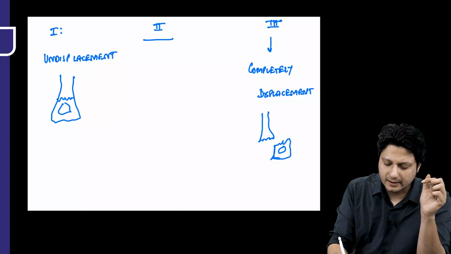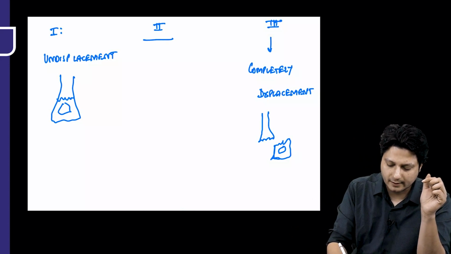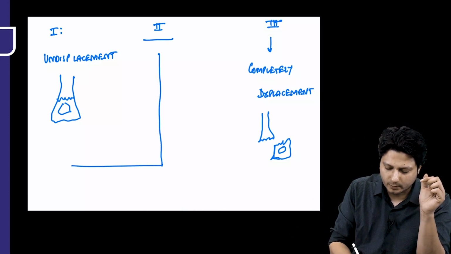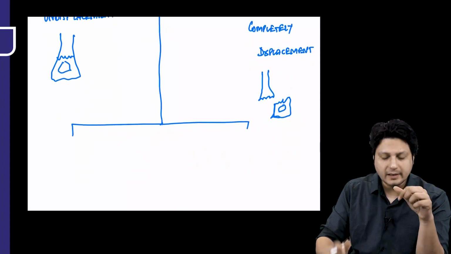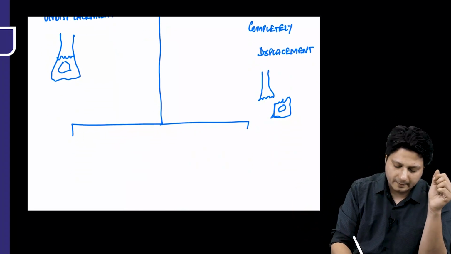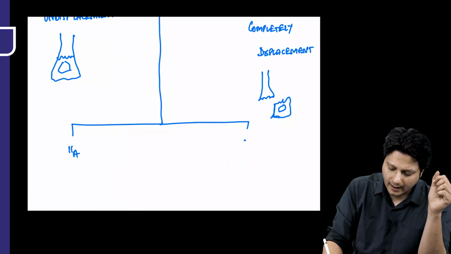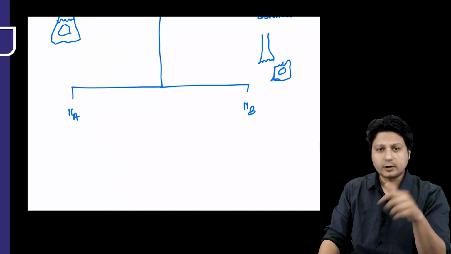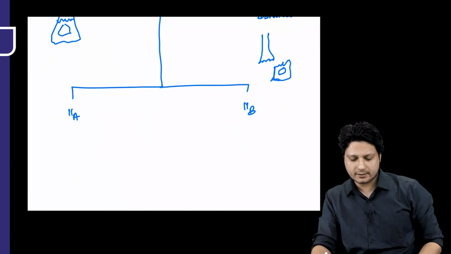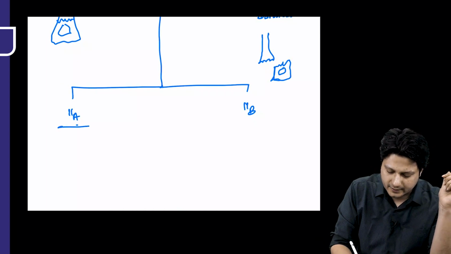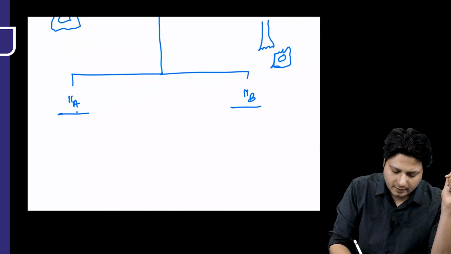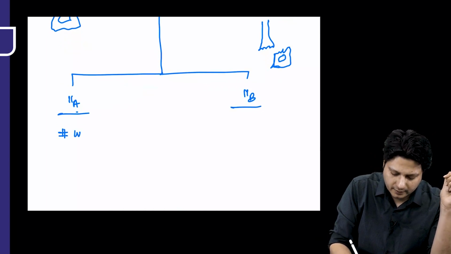Type 2 can further be categorized into two categories, type 2A and type 2B. So the intermediate category, that is type 2, can be categorized into type 2A and type 2B. What you tend to see in type 2A is a fracture with incomplete displacement.